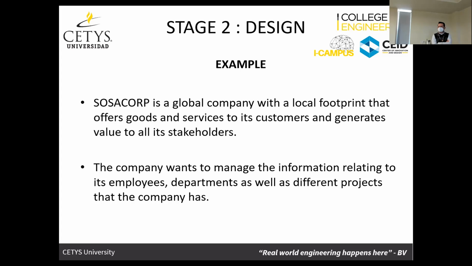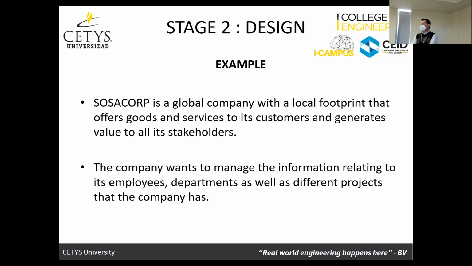We're going to be working on this example for a few topics. And so this is an organization called Sosa Corp. Okay. Sosa Corp is a global company, okay, with a local footprint.